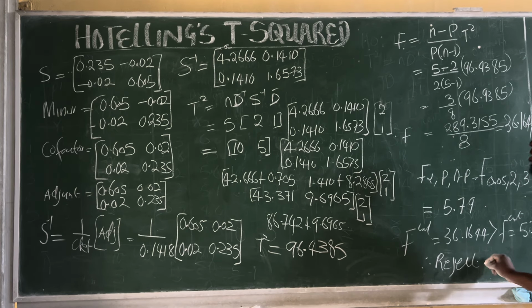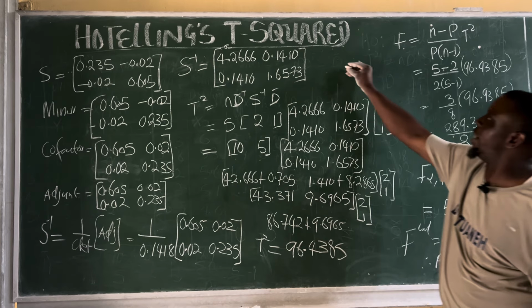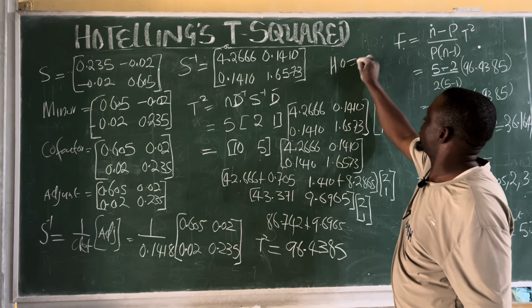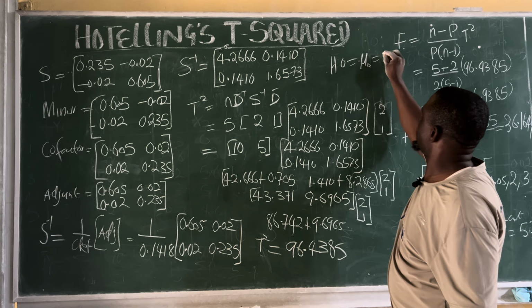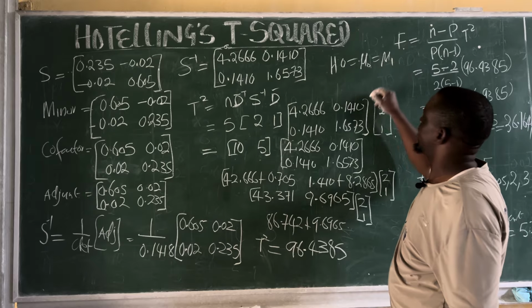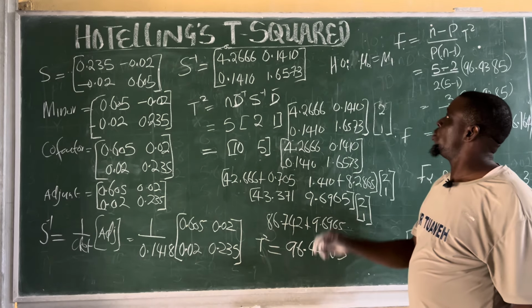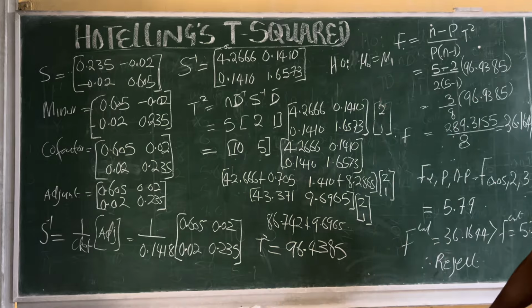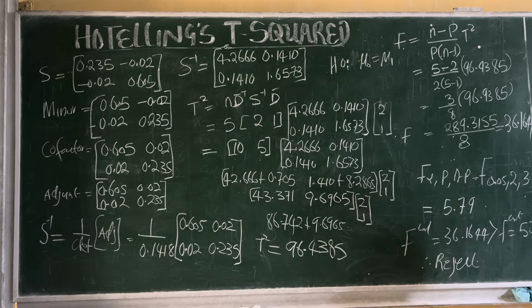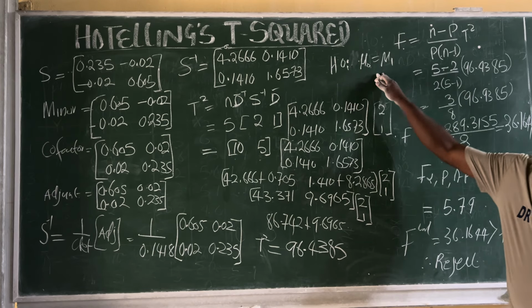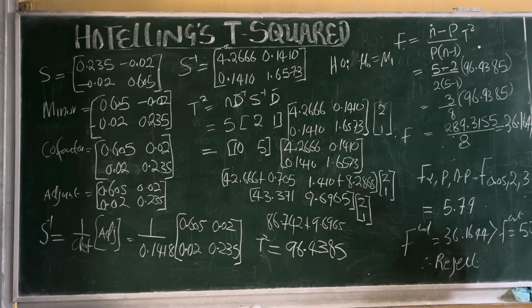And remember, look at what we had. H0 said mu naught is equal to mu 1, which means that the mean before is equal to the mean after. So if we are rejecting that, it means that we are concluding that it's not the same as the mean before.